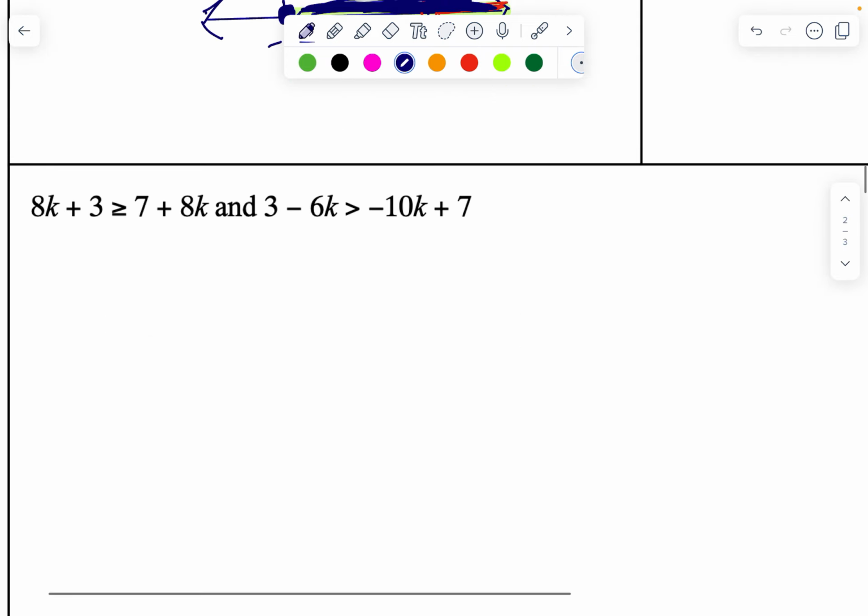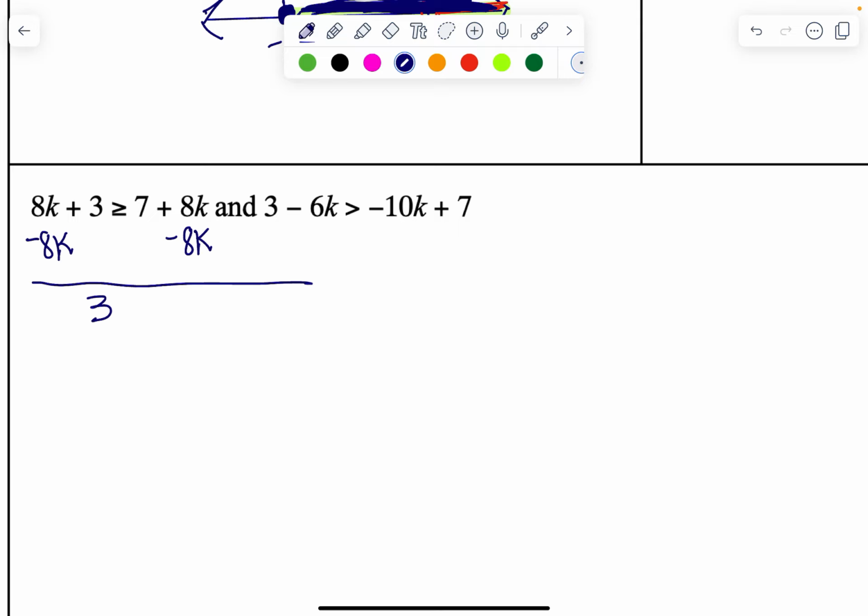Let's look at one where there's no solution then. Here, if I take away 8k, take away 8k, I get 3 greater than or equal to 7. Well, my variables went away and I'm left with a false statement.